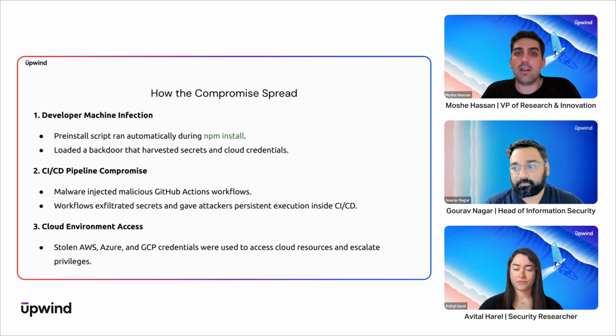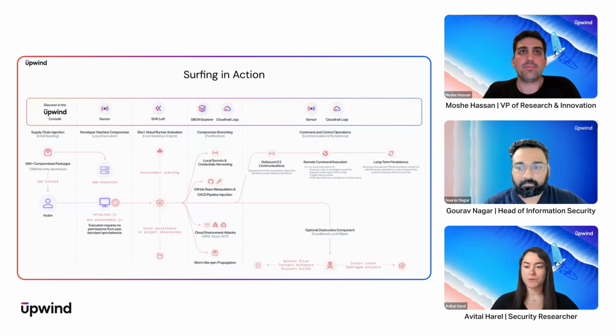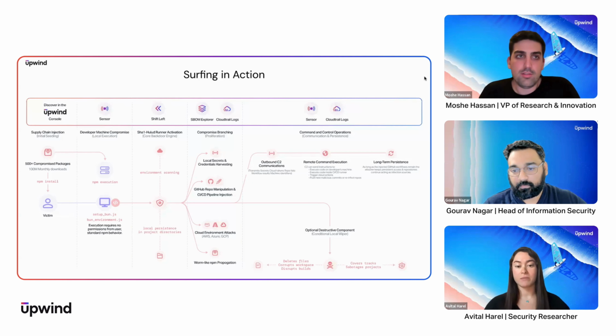Avital, I know in the morning you called us and said we've seen multiple incidents happening at the same time using our Upwind MDR. Can you describe a little bit about that? Our MDR team monitors customers 24/7, monitors their entire environments and makes sure they're secure, and we have established a baseline of what is normal for our customers.